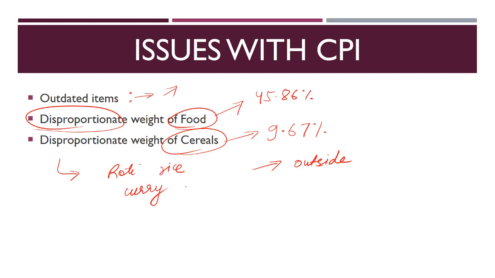But now these things have changed. Nowadays, the food composition has undergone a definite differentiation. There is a diversification in the food intake. We are having more vegetables, we have included more fruits in our diet, we are having different kinds of fast foods also. So the reliance on cereals has decreased.